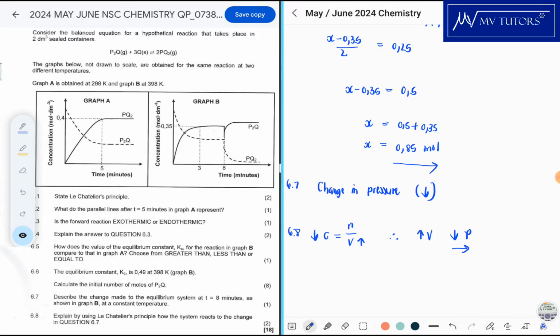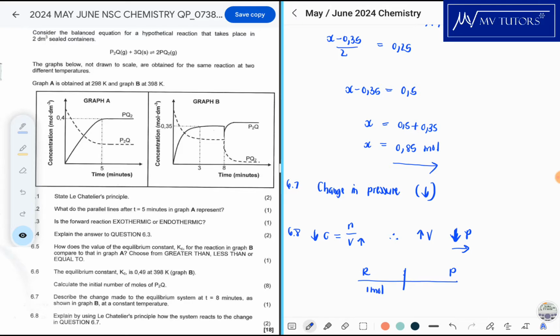Now, what happens if the pressure has been reduced? We're going to look at, in terms of our reactants and our products, which one has the highest number of moles. Because a decrease in pressure is going to favor the side that has the most moles. So for the reactants, we only have 1 mole.